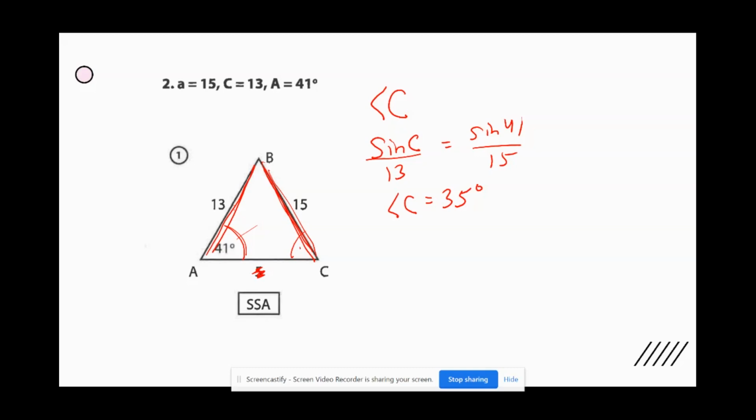So let's go ahead and label this. I don't know why they have that there, that's a mistake. Okay, so now we know that this is 35 degrees. Let's continue and find everything else. Well, what else do I know? I can find angle B simply by adding 41 and 35.